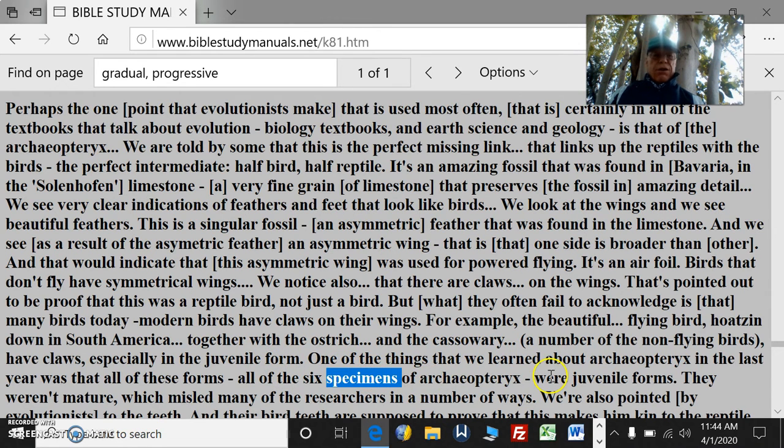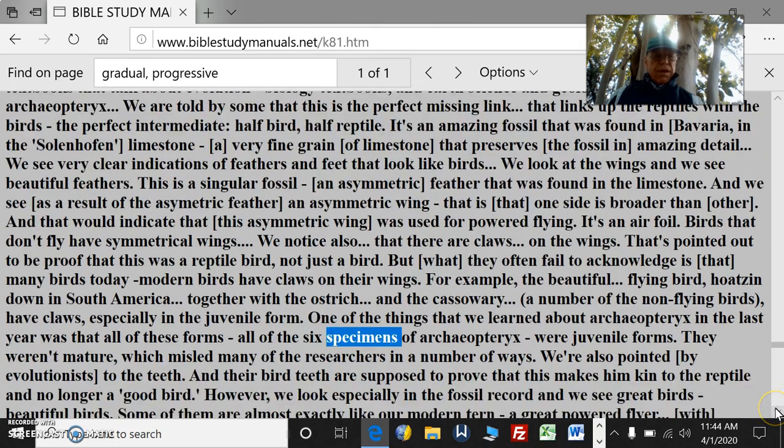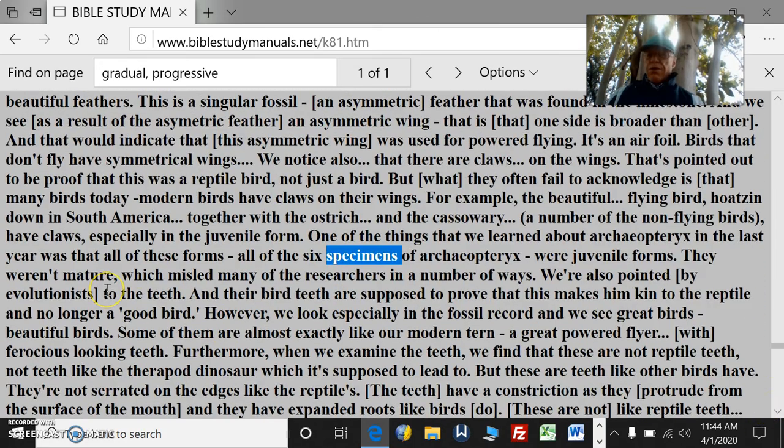One of the things that we learned about the Archaeopteryx in the last year was that all of these forms, all of the 6 specimens of them, were juvenile forms. They weren't mature, which misled many of the researchers in a number of ways.